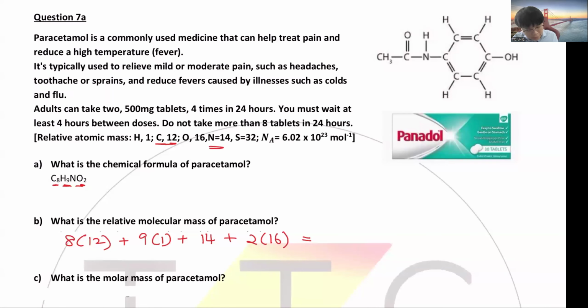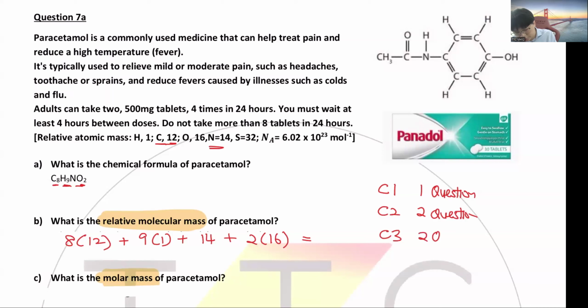So here they'll test you about, you need to know what is the difference between relative molecular mass and molar mass. Normally, let's say your school exams, chapter 1 will have maybe one question, then chapter 2 will have two questions, then chapter 3 they might have two questions like this.